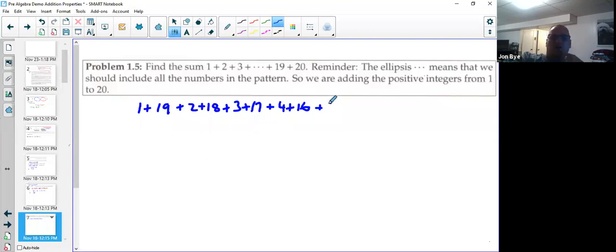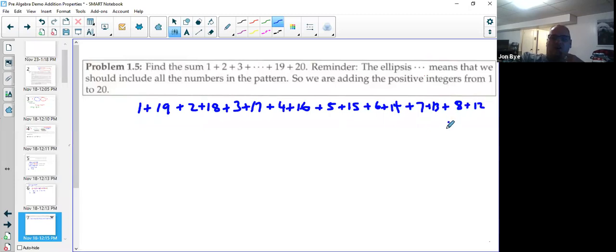5 plus 15. And then 6 plus 14. Yeah, so I think it's going to go all the way up to 9. So 7 plus 13, and then 8 plus 12.